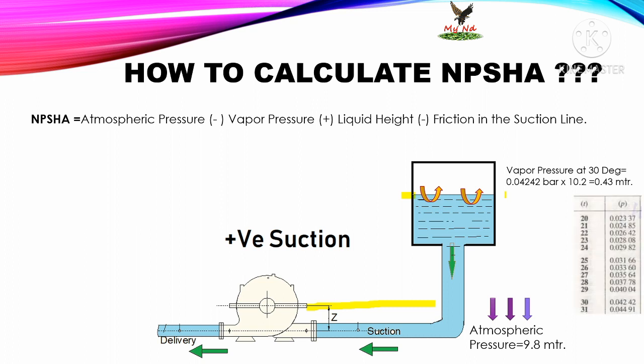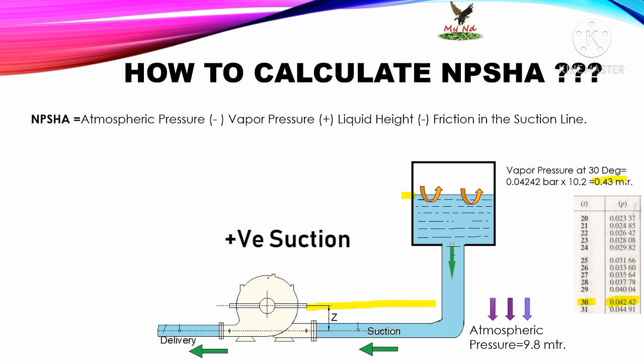Here I can attach the screenshot of the steam table. Our temperature is 30 degrees, so vapor pressure is 0.042 bar. Multiplying by 10.2, you can convert it into meters. So our vapor pressure is 0.43 meter.